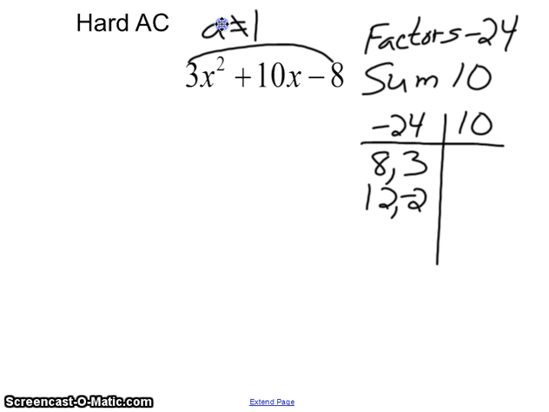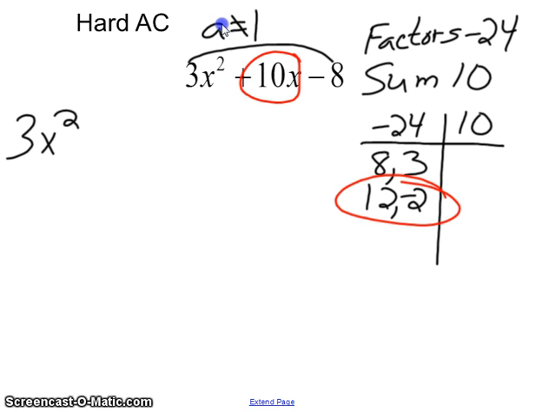I'm going to use the by grouping method to factor this. Since this is a hard problem, I can't just plug in. I'm going to rewrite the polynomial using my magic numbers as my middle term. 3x to the second comes down. Instead of 10x, I am using 12x and negative 2x. Bring down the negative 8.